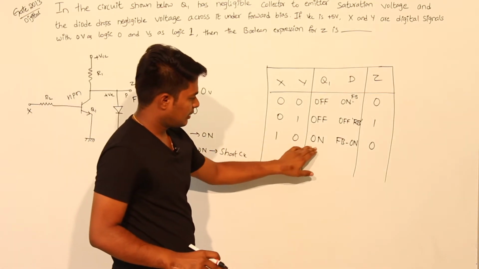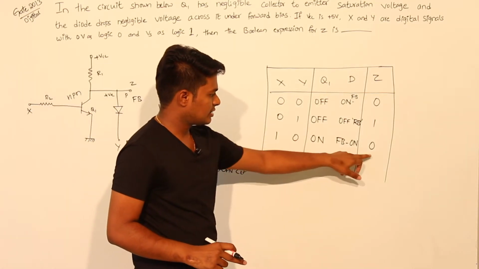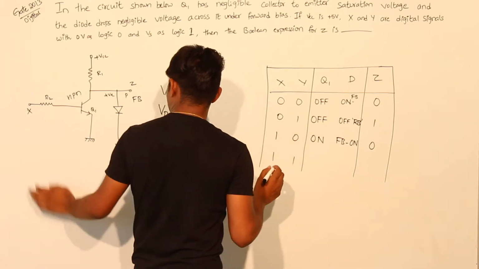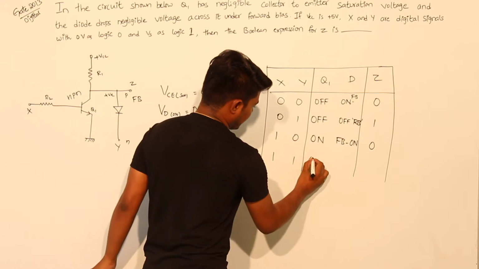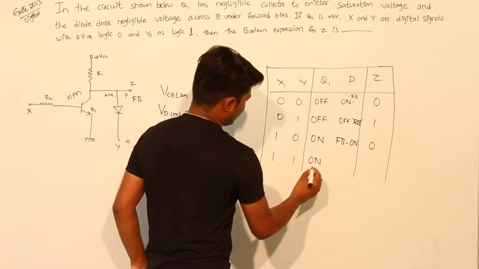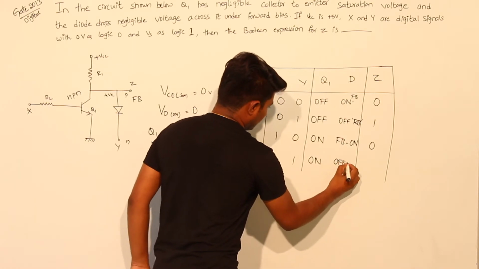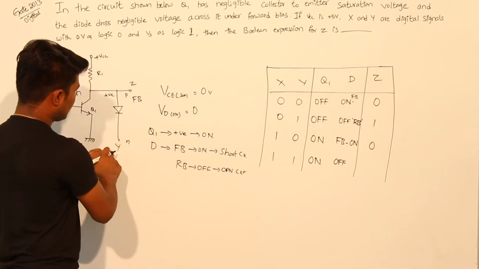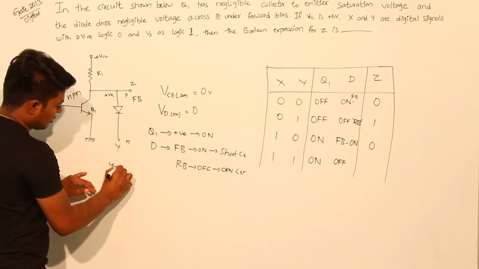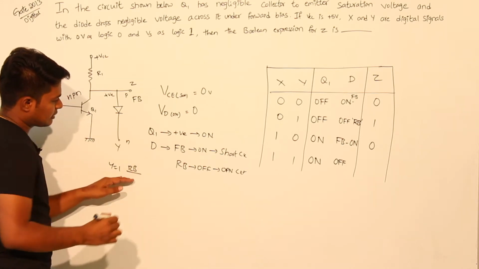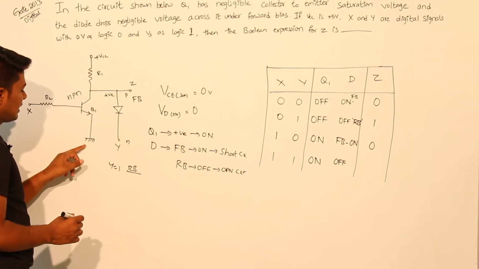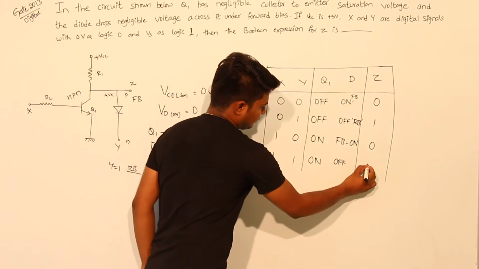In any manner, with respect to the transistor it is 0, with respect to the diode it is 0. Now 1, 1. If X is 1, the transistor is in on state. If Y is 1, this side is more positive compared to this, so the diode will be in reverse bias, which means it acts as an open circuit. So Z will take the value of ground, that is 0.